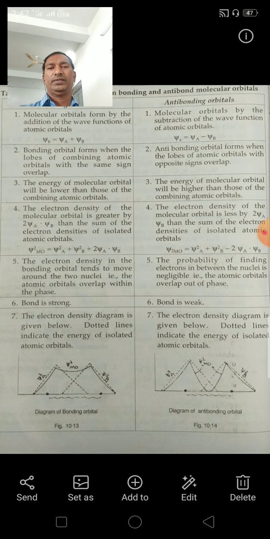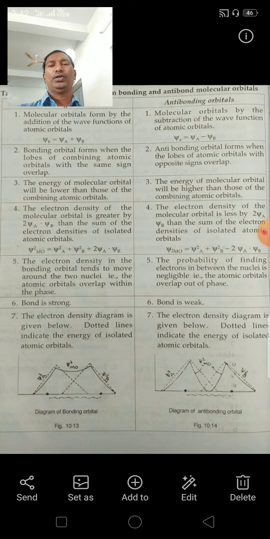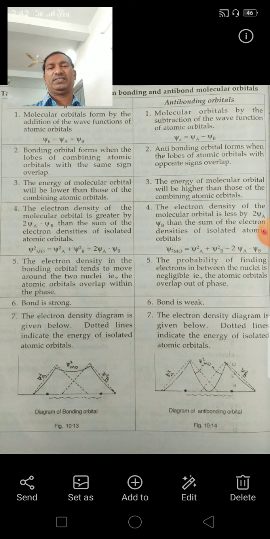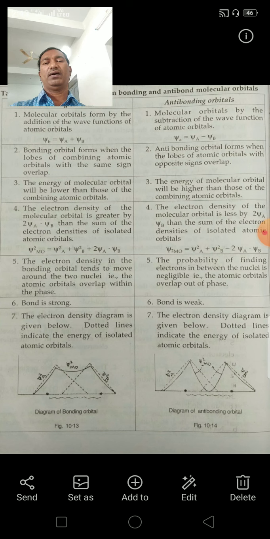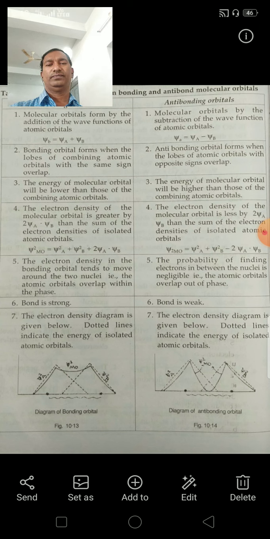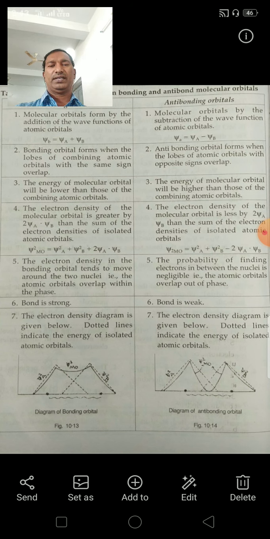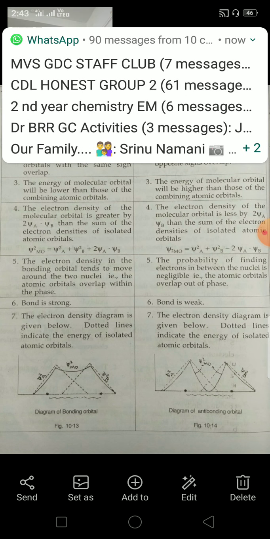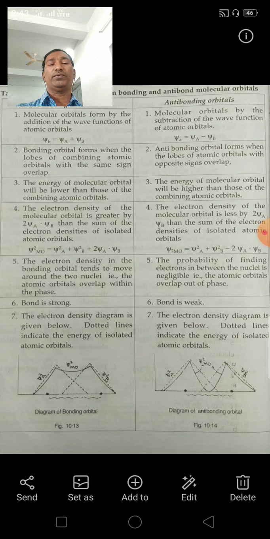Fifth point: the electron density in the bonding orbital tends to move around the two nuclei, that is, the atomic orbitals overlap in phase. Next, for the antibonding orbital, the probability of finding electrons between the nuclei is negligible, that is, atomic orbitals overlap out of phase.